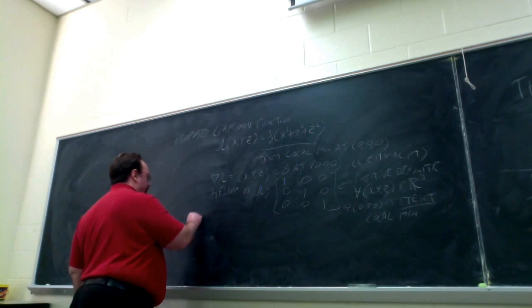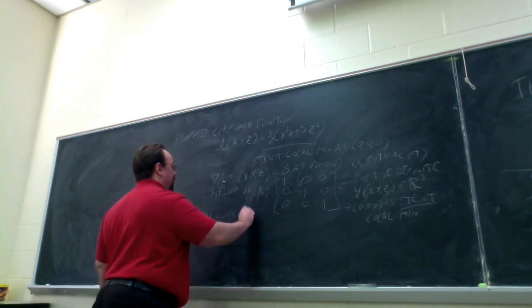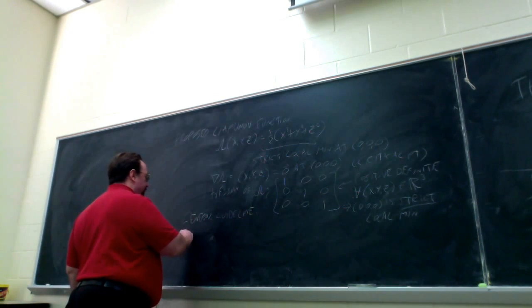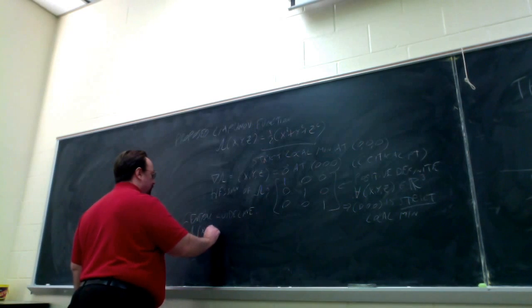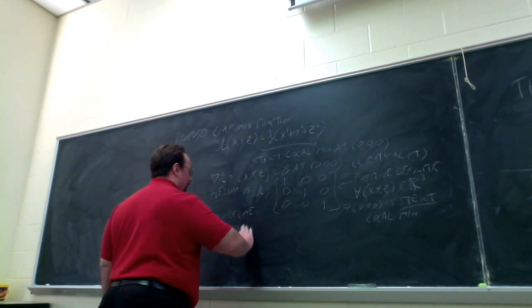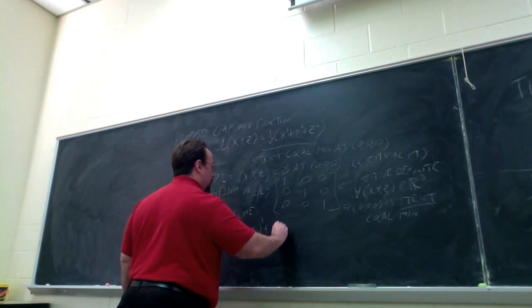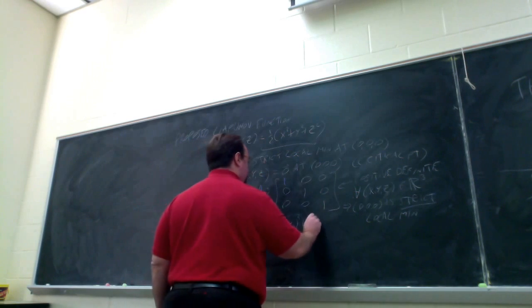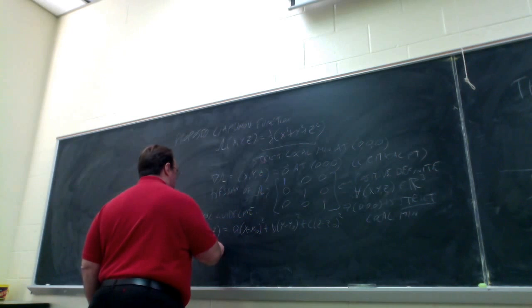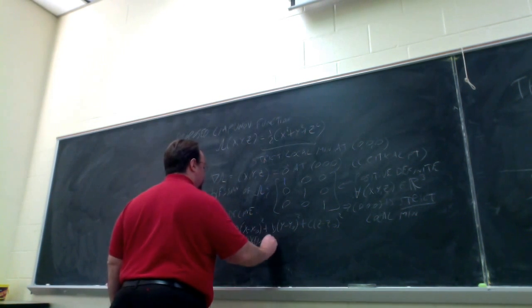So I can give you a general guideline if you need to find a Lyapunov function and you're just not sure where to start. I'll just write it down for 3 dimensions. You can have a times (x minus x naught) squared plus b times (y minus y naught) squared plus c times (z minus z naught) squared, where (x naught, y naught, z naught) is your fixed point that you're studying.